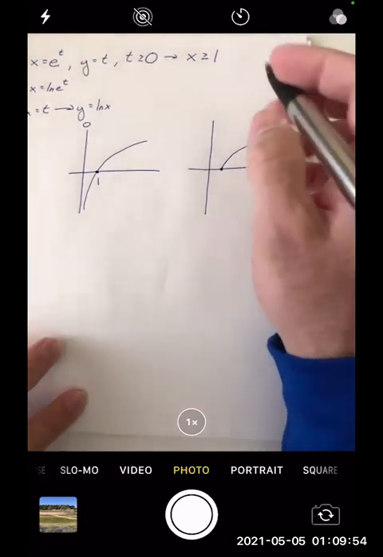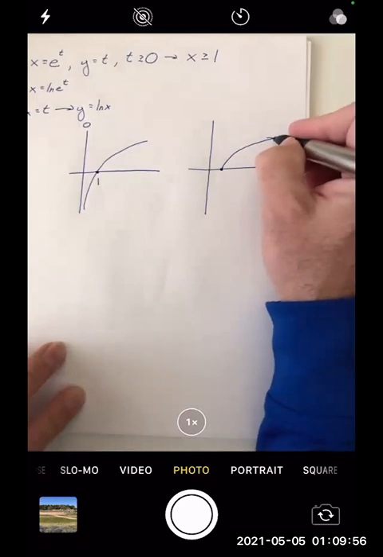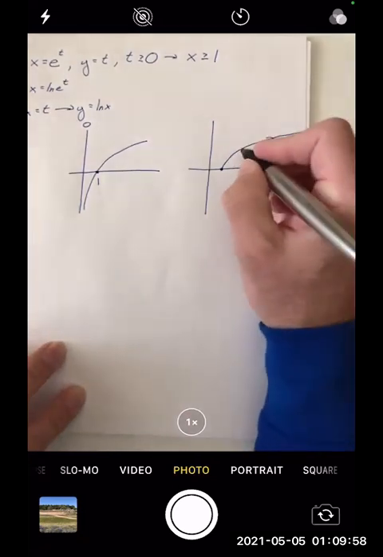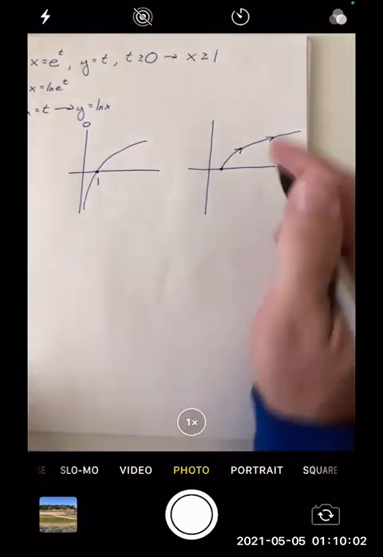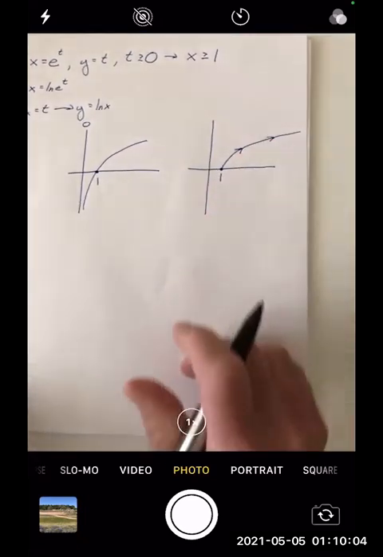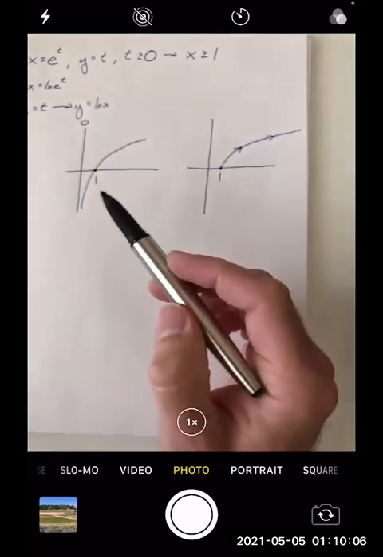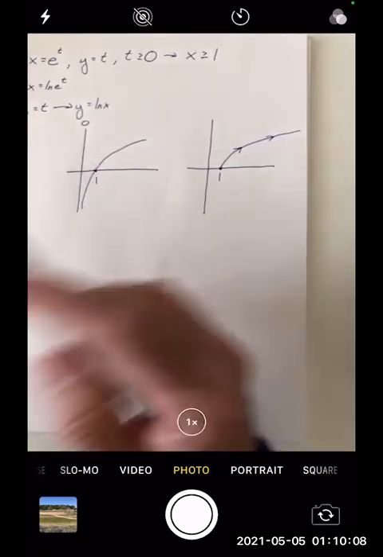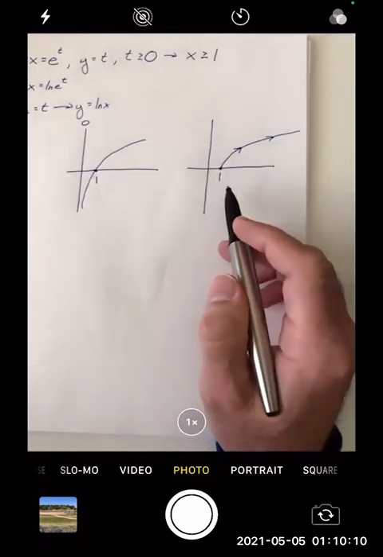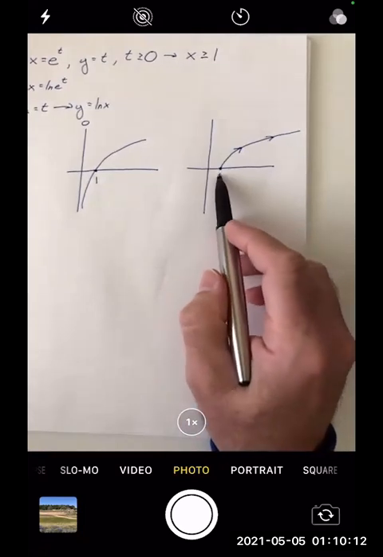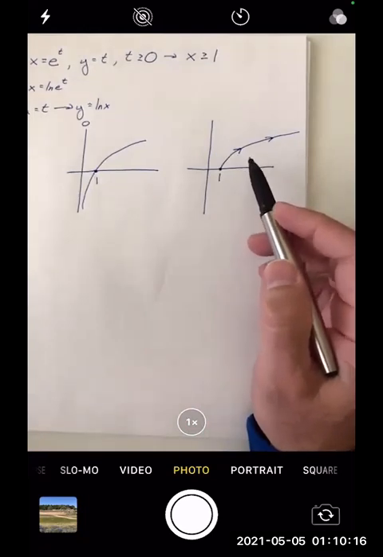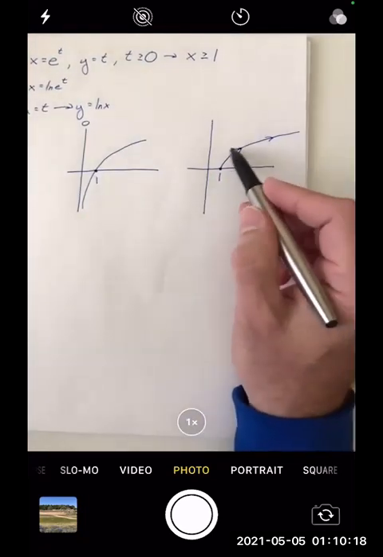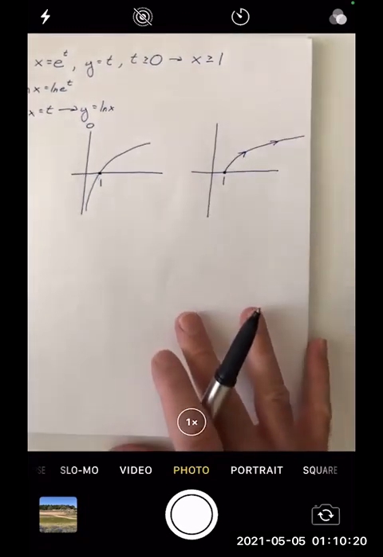There we go. So the asymptote's out. This little negative section down here is out. So the graph starts at x equals 1 and goes over, and the orientation, as we said earlier, x gets bigger and bigger. The orientation is off to the right.